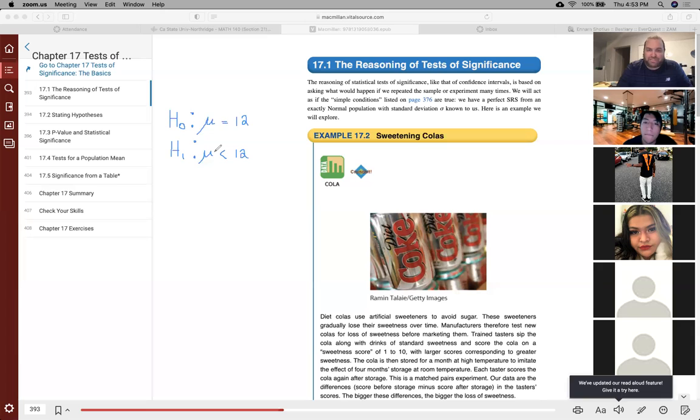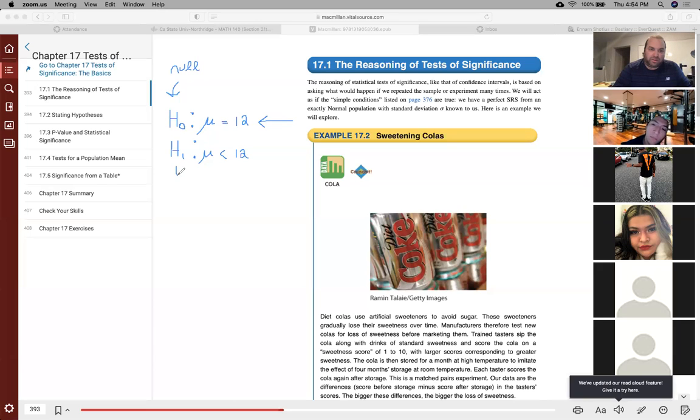The way hypothesis testing works is that there's always this null hypothesis, this status quo hypothesis, this hypothesis of what the belief is. H null, N-U-L-L, the null hypothesis.